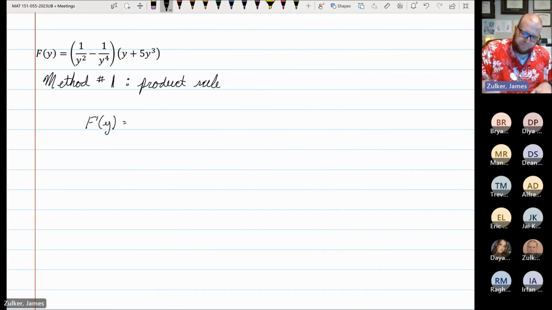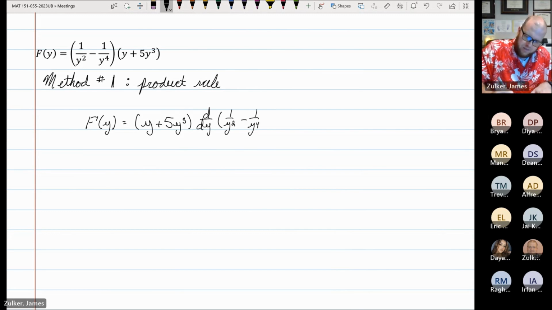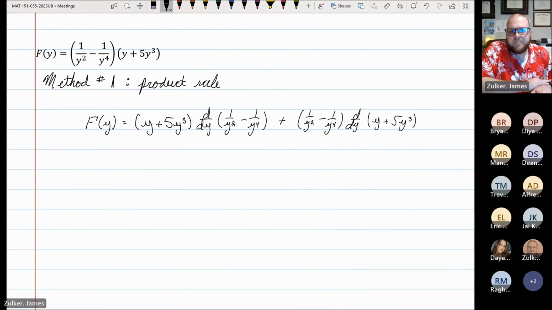So product rule. G times the derivative of f plus f times the derivative of g.